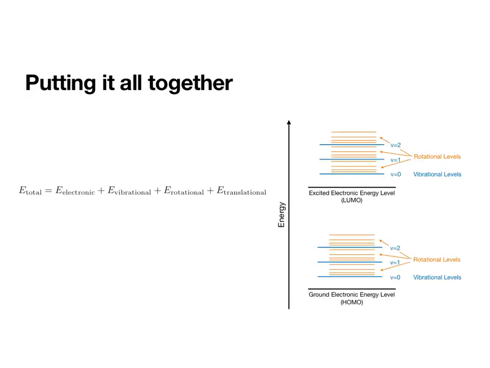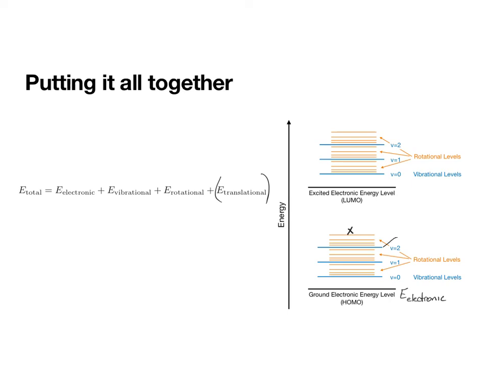Okay, so put it all together. If we think about this total picture, if we say we have a molecule here, it has some amount of electronic energy, and I'm going to put translational in parentheses, whatever the energy from this HOMO level happens to be.